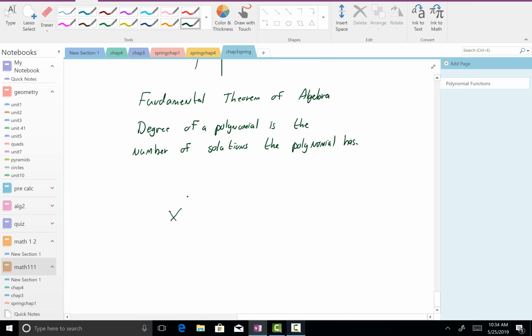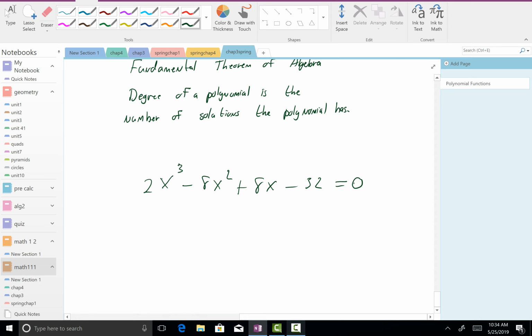Okay, so we're going to solve this. I'm going to set it equal to 0. First thing I'm going to do is graph it, and I'm going to hope that I have a nice number for an x-intercept. So graph it. See if you can find me a nice number that's an x-intercept.